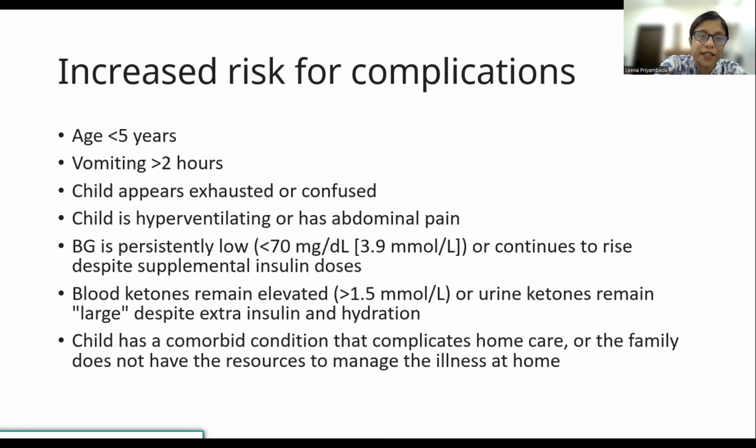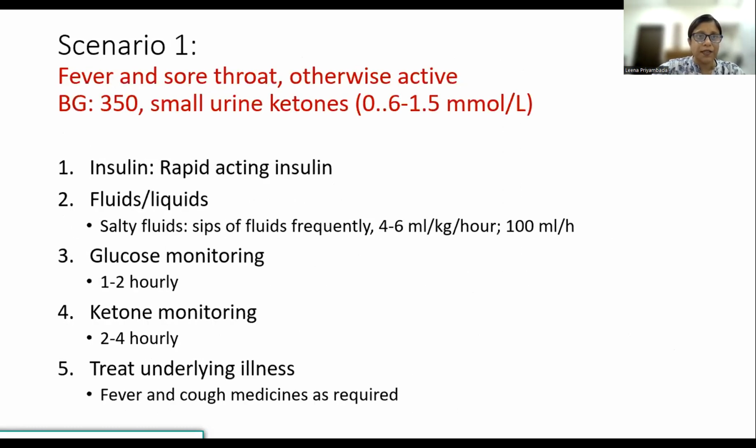Also, if blood ketones remain elevated, or the child has a comorbid condition that complicates home care, for example celiac disease or some other associated medical condition, then it is always better to reach the hospital in a state of ketosis rather than in a state of ketoacidosis.